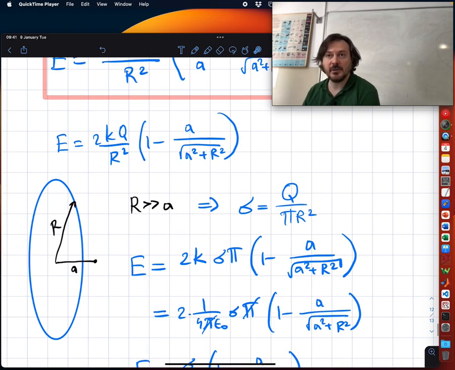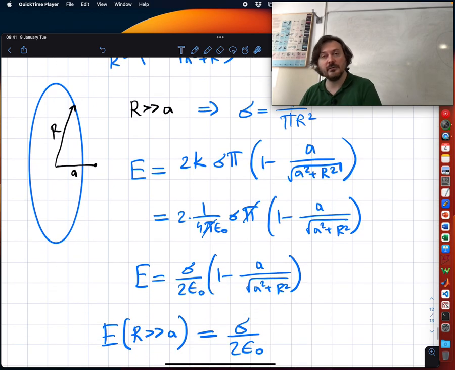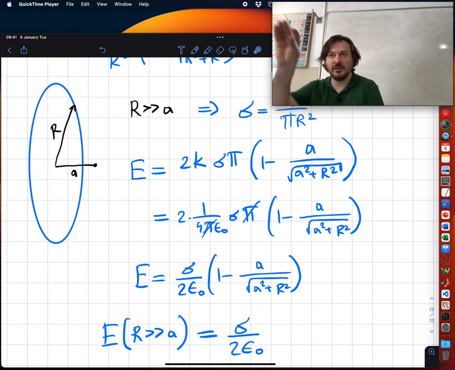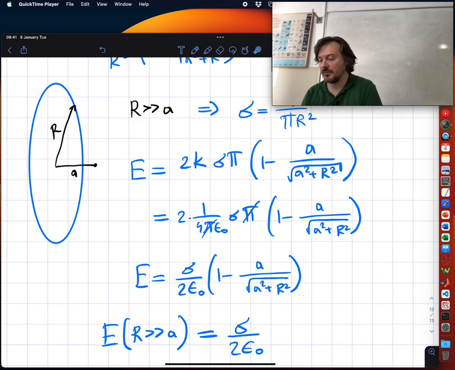Now you are going to ask me why you didn't deal with it like this, because R was downstairs, and if I take R to infinity, it would go to 0. But it's not 0, because Q is also going to infinity, and they are going at the same speed. So Q and R squared are related with each other over sigma, which is a constant. That's why I first got rid of both of them and put that constant instead.